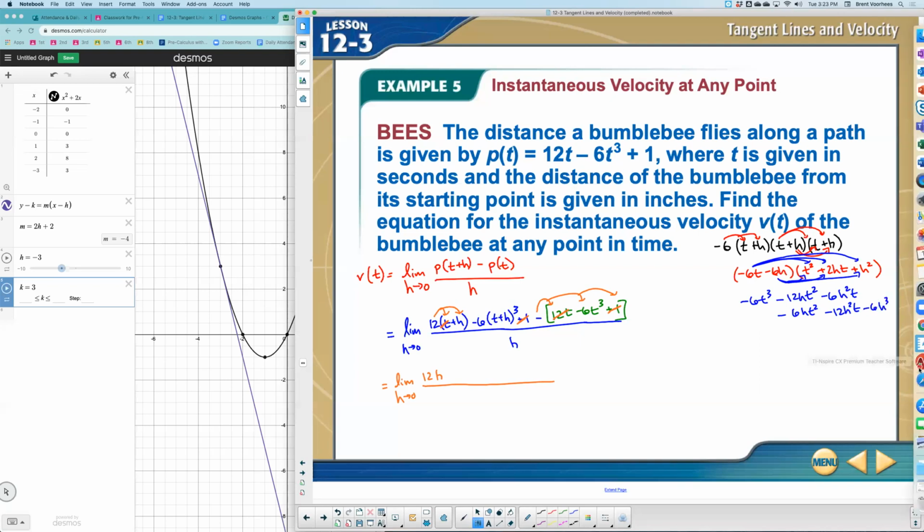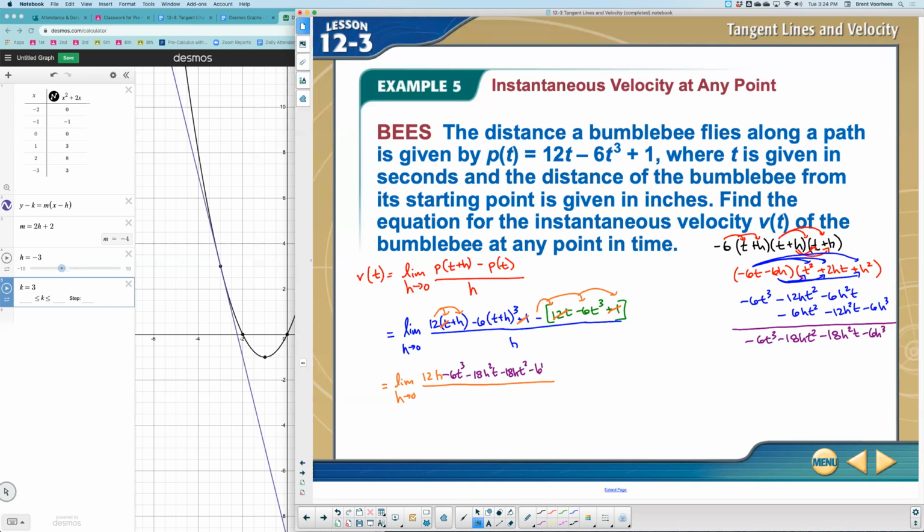When I combine my like terms, this is going to be -6t cubed minus 18ht squared minus 18h squared t minus 6h cubed. Okay, so that's what's coming next in this middle portion right here. So we have a minus 6t cubed minus 18ht squared minus 18h squared t minus 6h cubed.